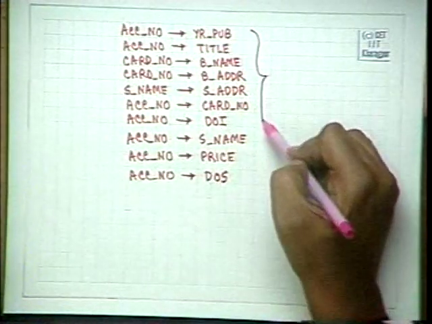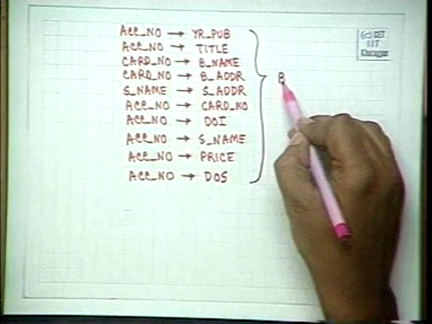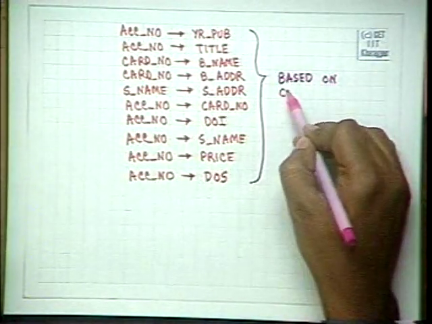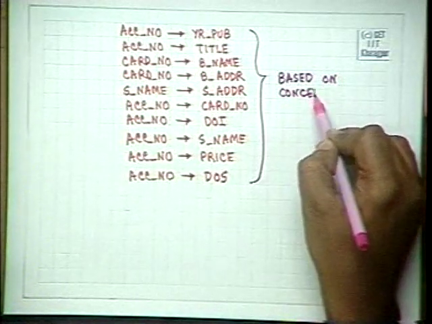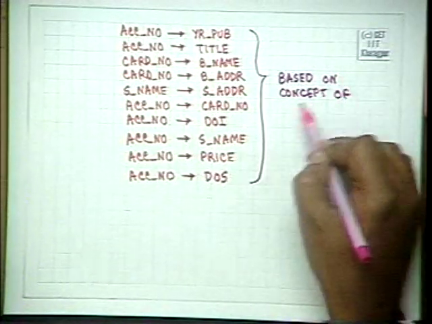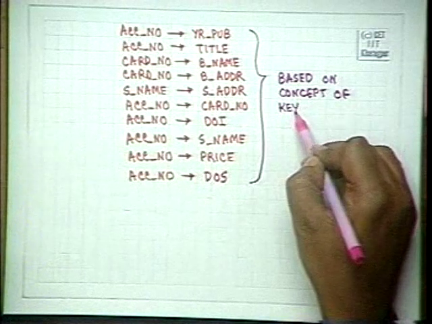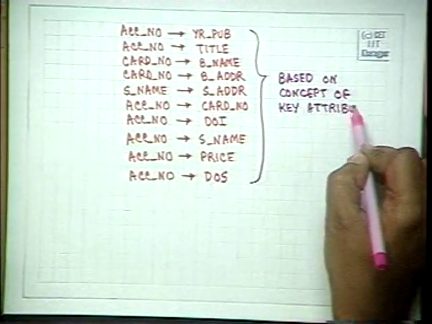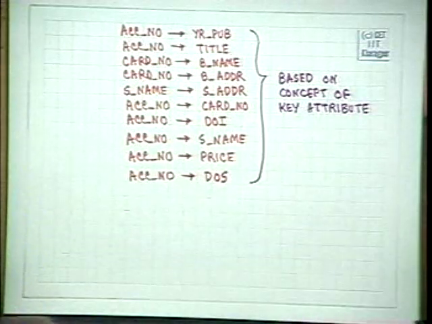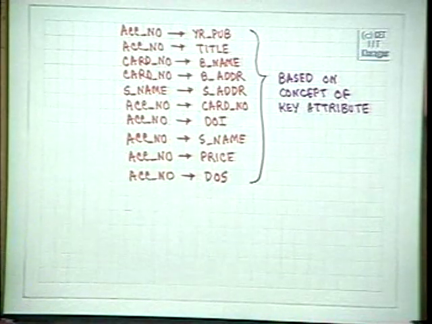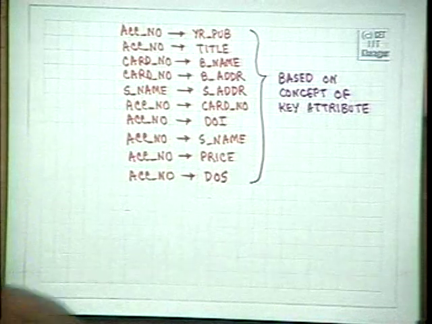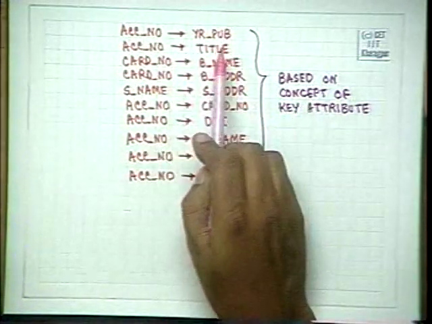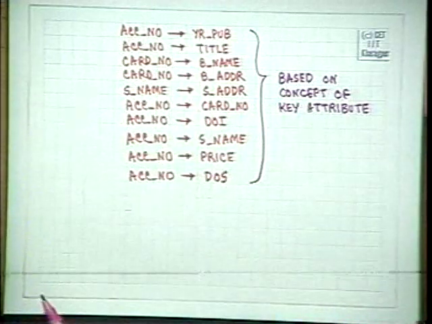These are based on the concept of key attribute. So, based on the idea of a key attribute, we can specify what are called functional dependencies.